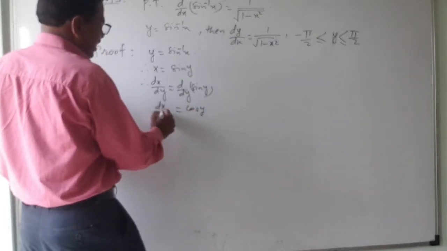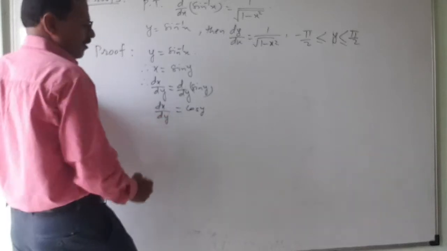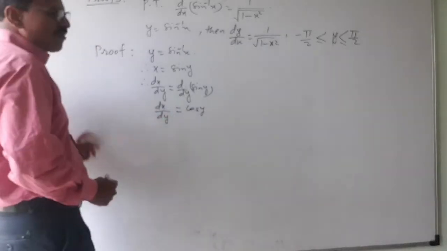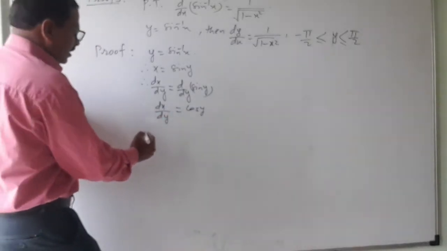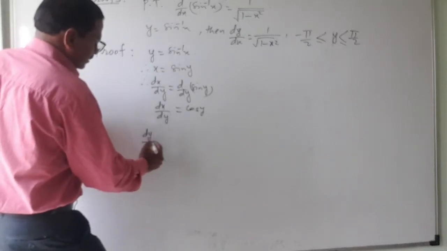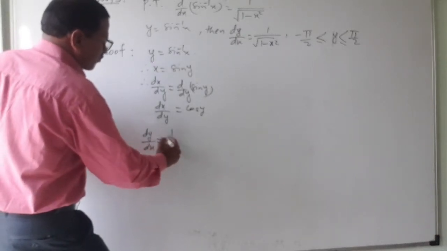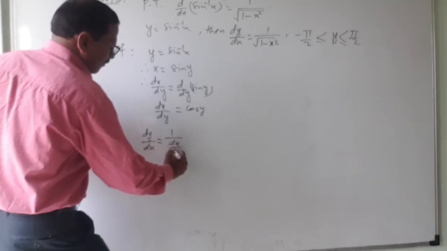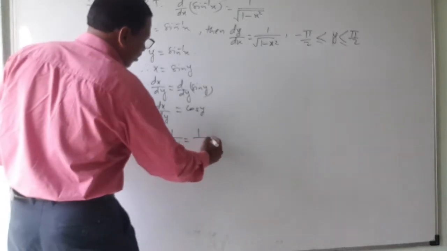This is dx by dy. What I want is dy by dx. As usual we have to write 1 upon dx by dy, and that is equal to 1 upon cos y.